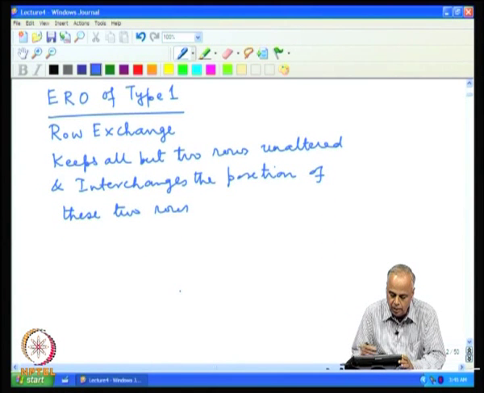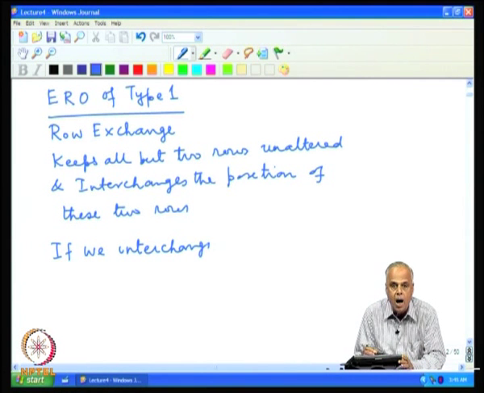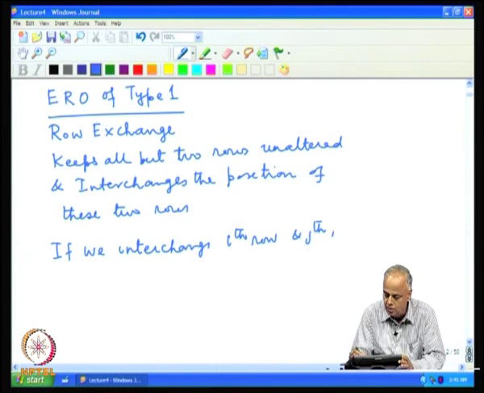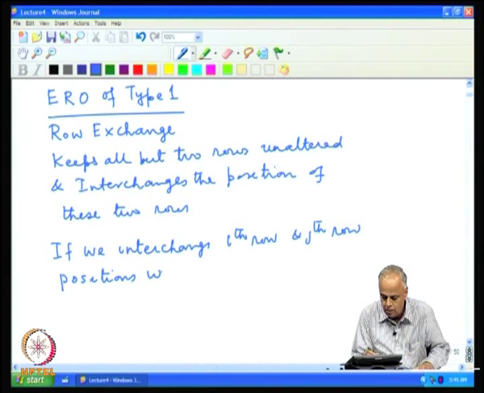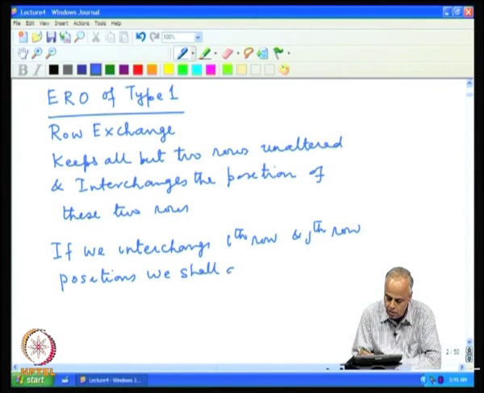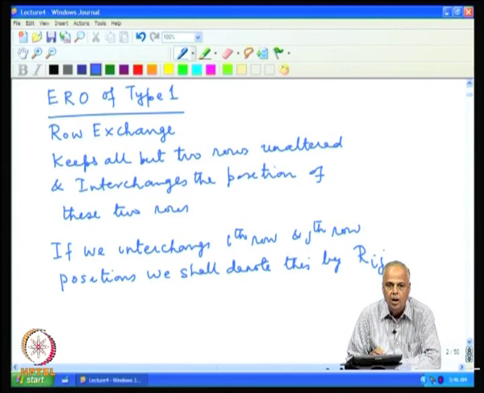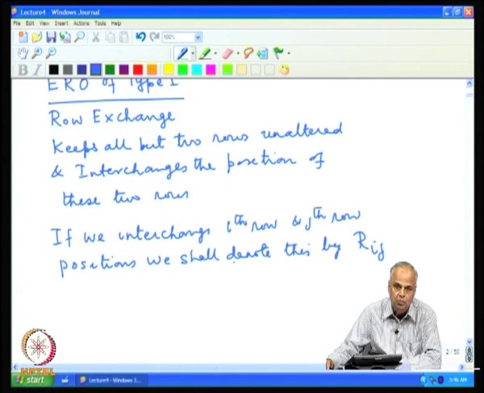For example, if we interchange ith row and jth row positions, we shall denote this by R I J. R stands for row and I and J are exchanging positions.